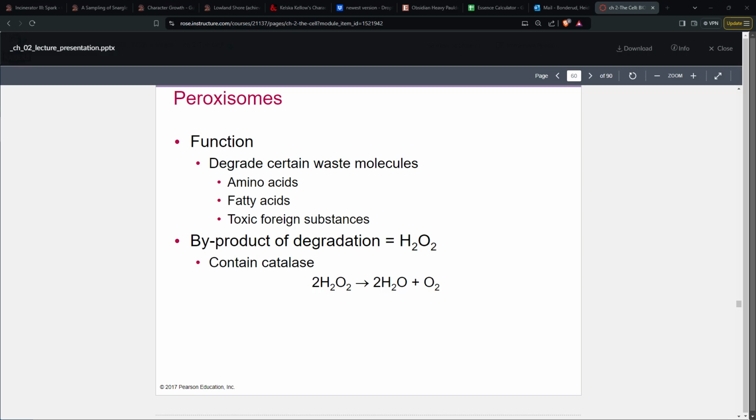And what makes catalase special? Catalase breaks down peroxide into water and oxygen, basically breaking it down into usable components. Our cells can take this water, can take this oxygen, and use it for a variety of different things, to be perfectly honest. So peroxisomes, super useful, and are going to be involved in that peroxide breakdown.